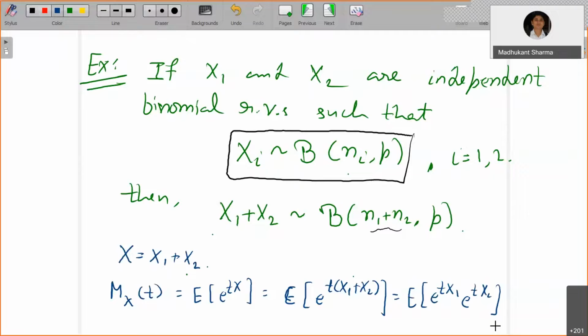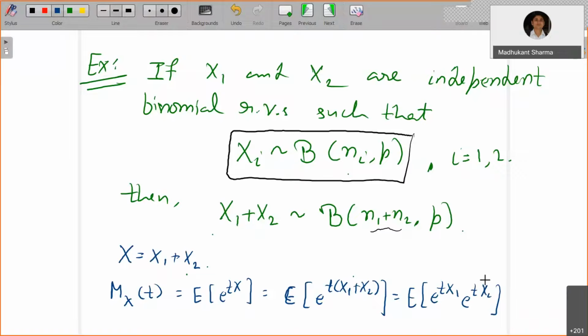And we have one exercise in the tutorial that if x is independent of y, then their functions are also independent. If you take any function of random variable x and another function of random variable y, and if x and y are independent, then g of x and h of y will also be independent.